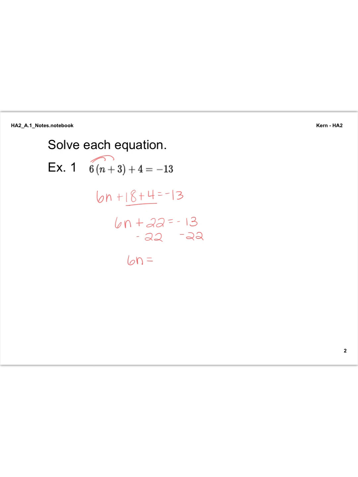So we have negative 35. Divide both sides by 6 to get the n by itself. And we're using improper fractions, okay? We're not using mixed numbers, not using decimals, so you're just going to leave it as negative 35 over 6.